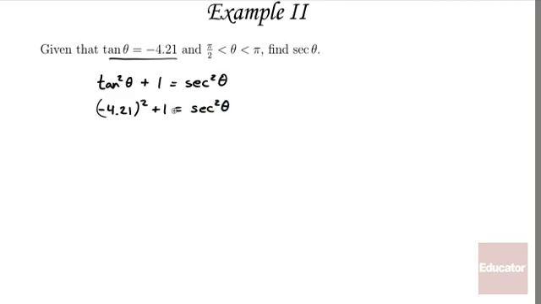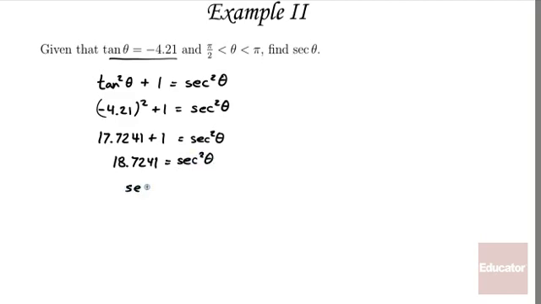Well, 4.21 squared, I'm going to work out on my calculator. It is 17.7241. So 17.7241 plus 1 is secant squared theta, so 18.7241 is secant squared theta.